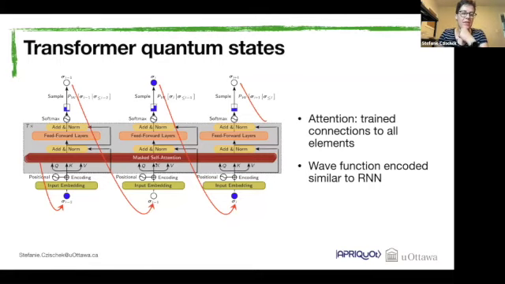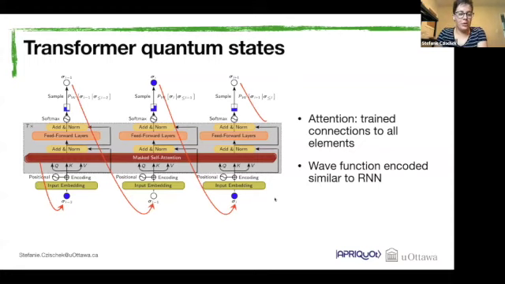And so this way, it's much easier to encode or capture correlations between elements in the sequence, no matter how far apart from each other they are. And that's basically the reason why transformers are so powerful in capturing long-range correlations, just because this attention layer gives us the possibility to encode direct or weighted correlations or connections to all previous elements in the sequence.